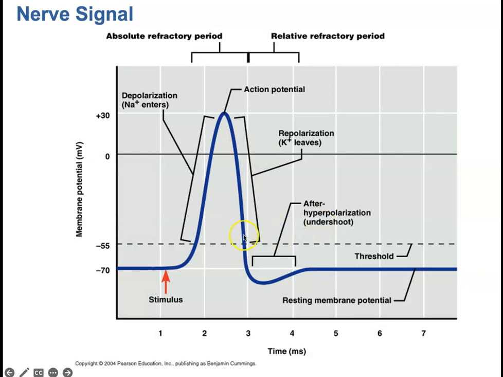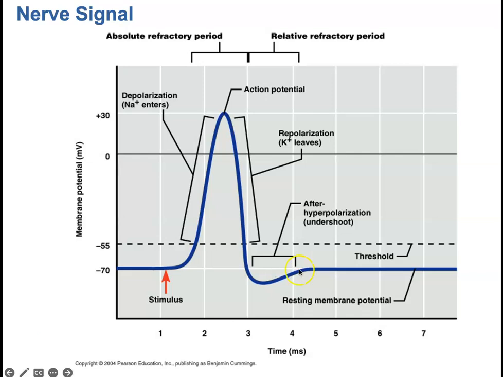Once we get to the resting membrane potential, with the outside positive and the inside negative, we're trying to restore that right after repolarization happens. During hyperpolarization, this is what is called the relative refractory period. That means if you had enough stimulus, you could, right here, generate another depolarization and action potential.